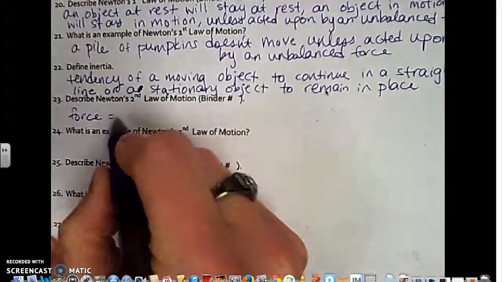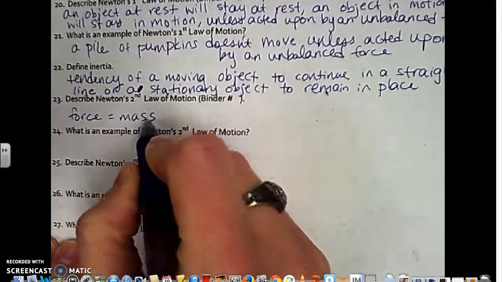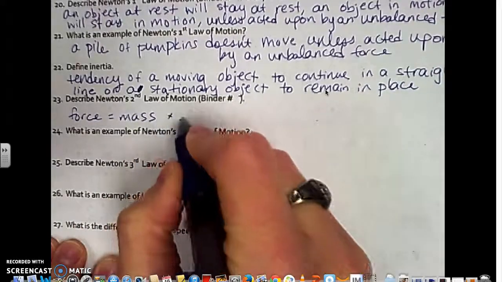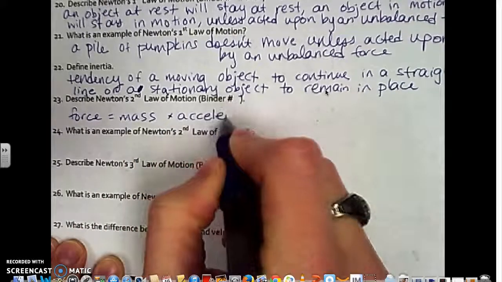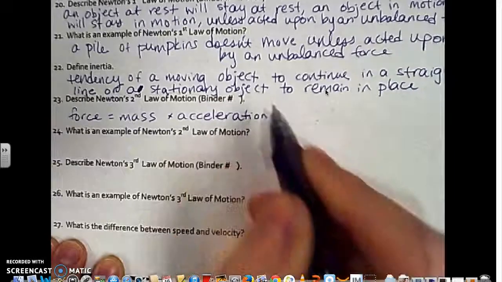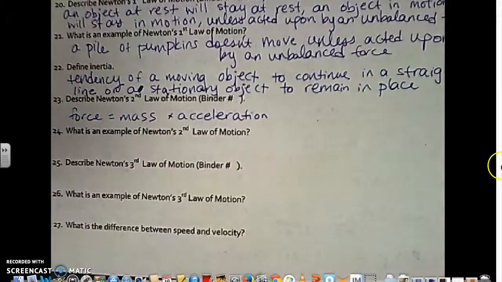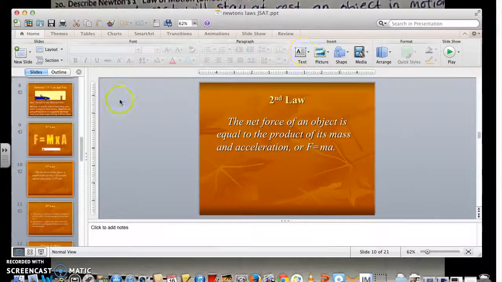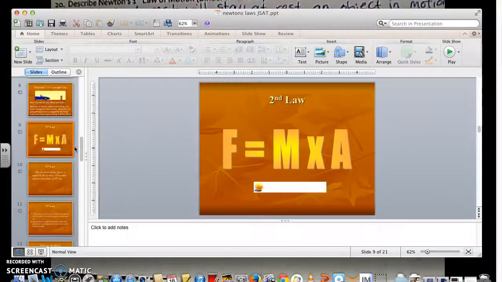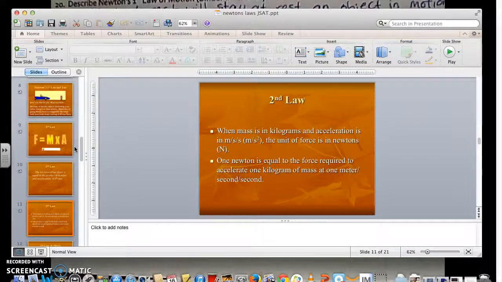Force equals mass times acceleration. An example of Newton's second law of motion is going to look a lot like a math problem.